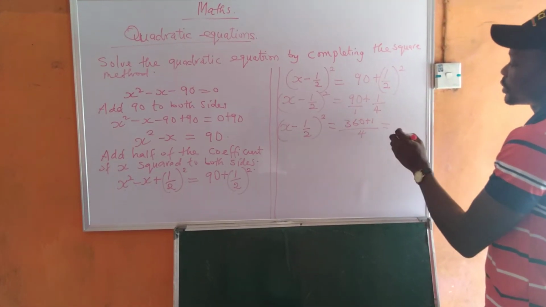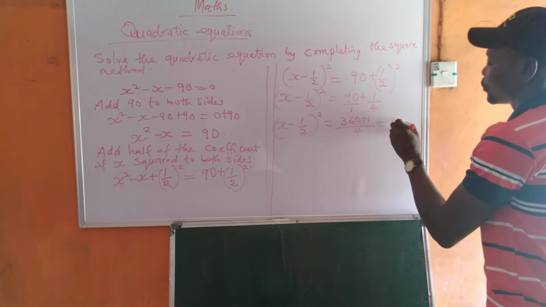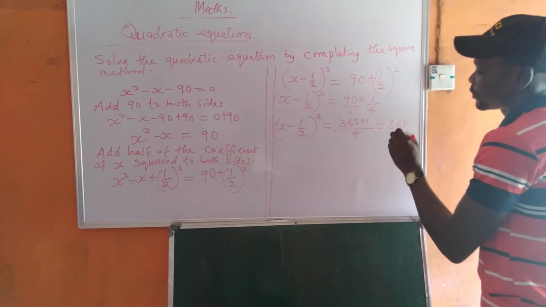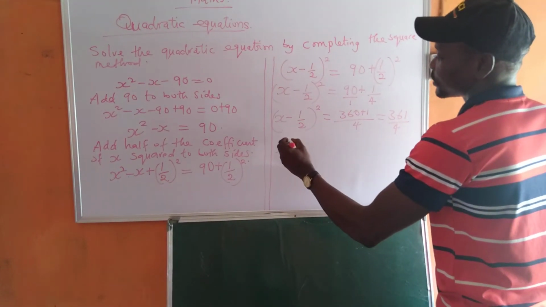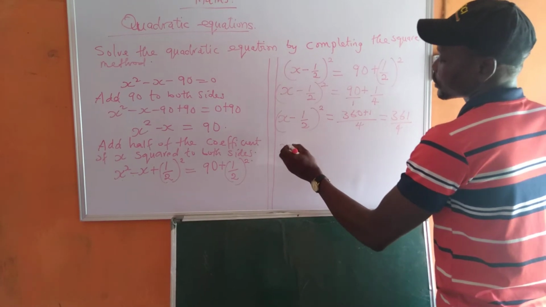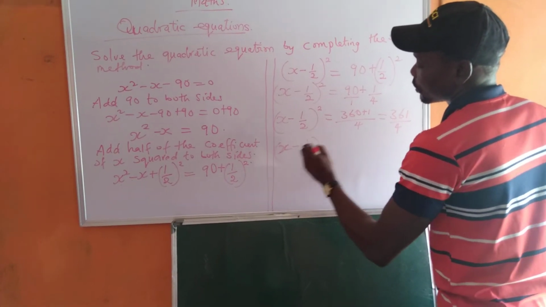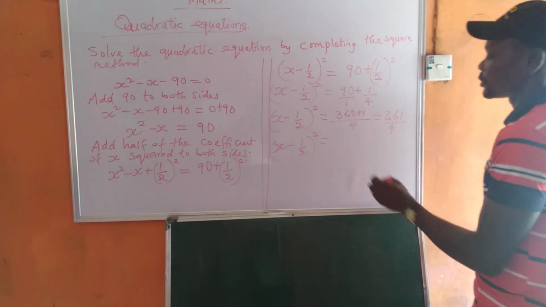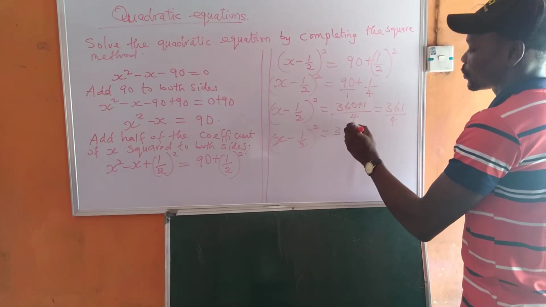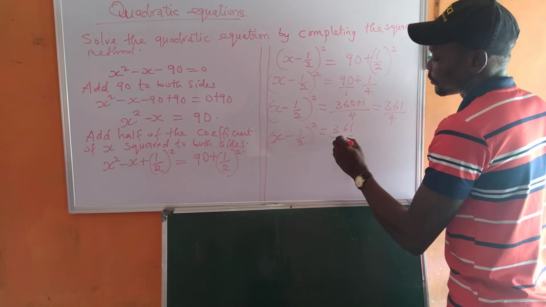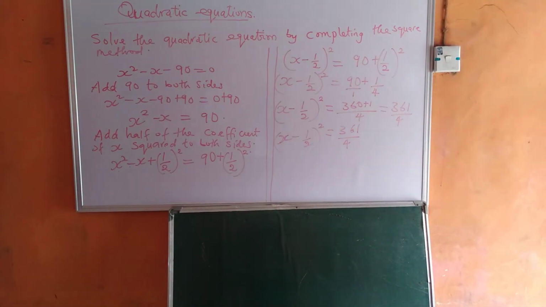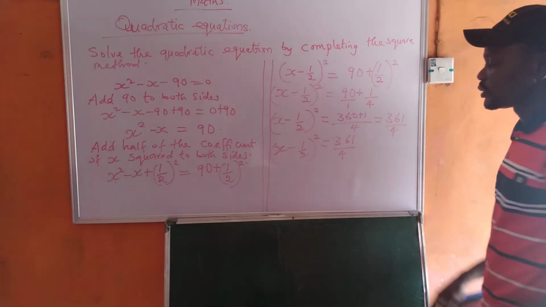And that will give us what? 361 all over 4. So we have x minus 1 over 2 all squared is equal to 361 over 4.